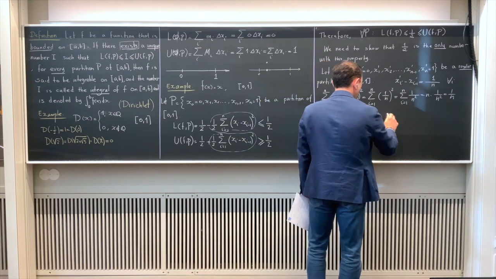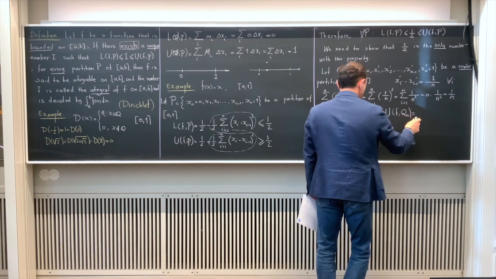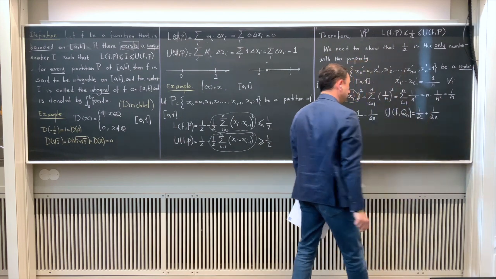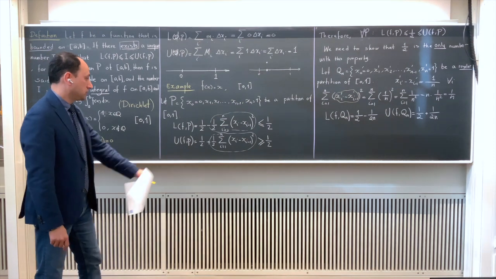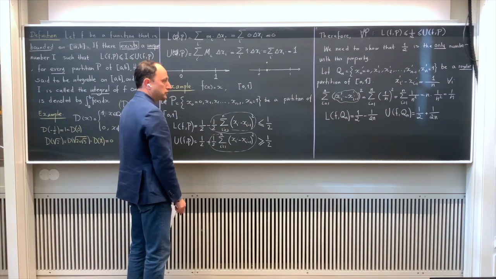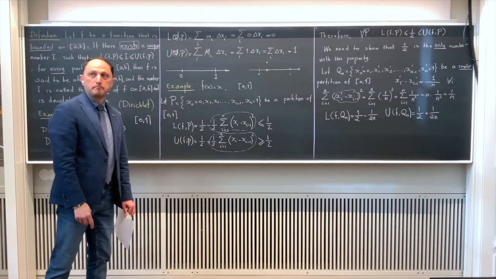And if I ask you the same question for U, this becomes 1 over 2 plus 1 over 2n. Yes? So because this is the same thing, this part is 1 over n. I multiplied by 1 over 2 and wrote these formulas for the new partition.